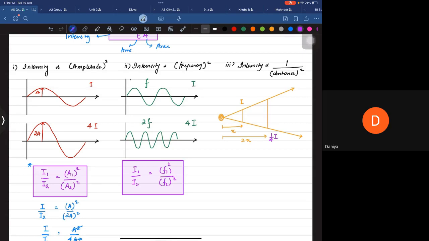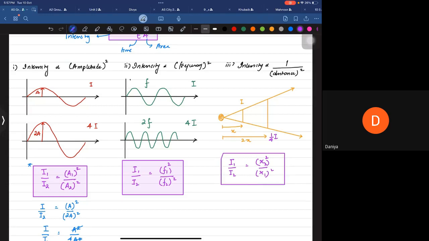And I can simply find it using the intensity of the first wave and the intensity of the second wave. I can write that. I1 over I2 will be equal to the distance of the second wave whole square over the distance of the first wave whole square. What you need to remember is the difference between the first two formulas and this one.